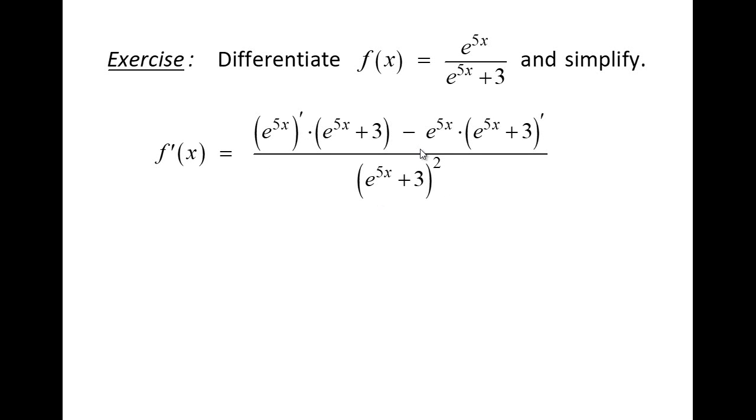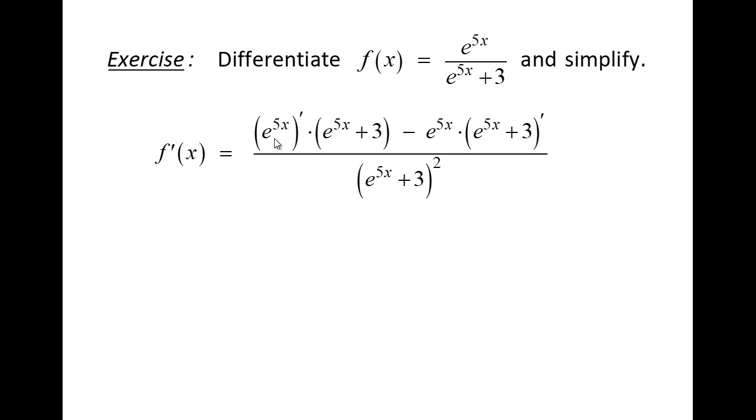So we square the denominator, and in the numerator, we take the derivative of the numerator multiplied by the denominator minus the numerator multiplied by the derivative of the denominator. So again, if I think of this as top and bottom, then it is the derivative of the top multiplied by the bottom minus the top multiplied by the derivative of the bottom, divided by the square of the bottom.